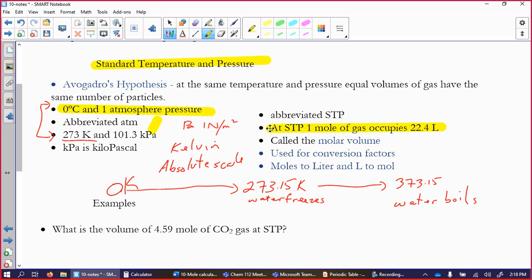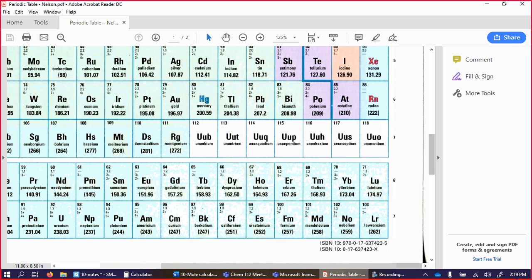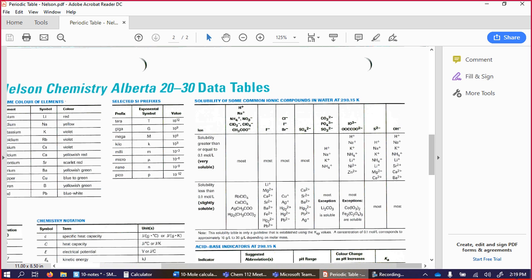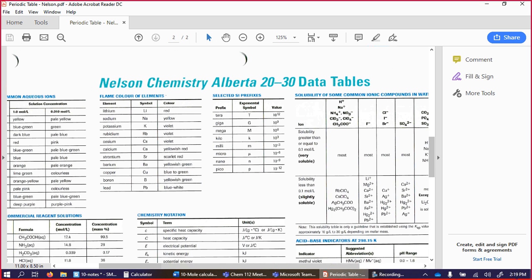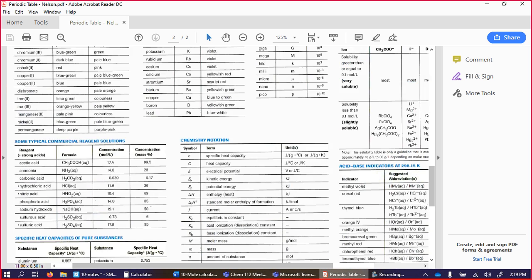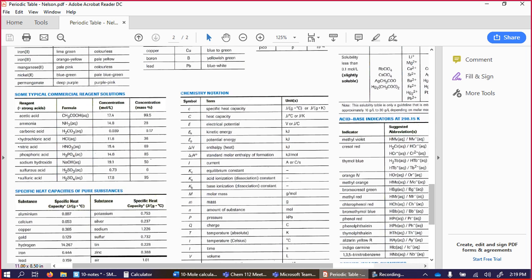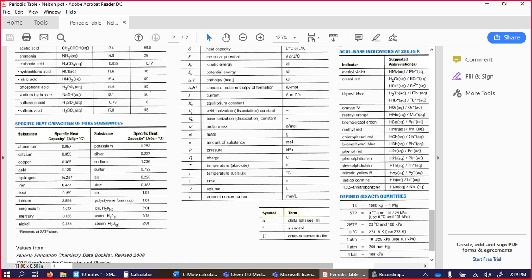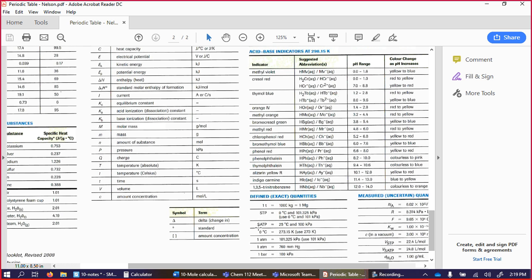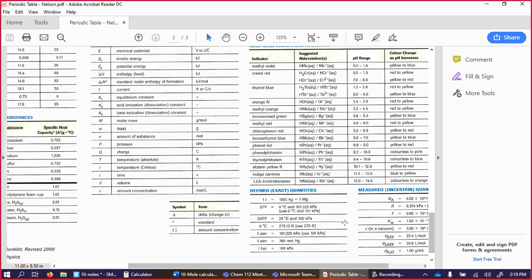This number is usually at the back of your periodic table somewhere. Oh, here we go. STP is 0 Celsius and 101.3 kilopascals. V at STP is 22.4.